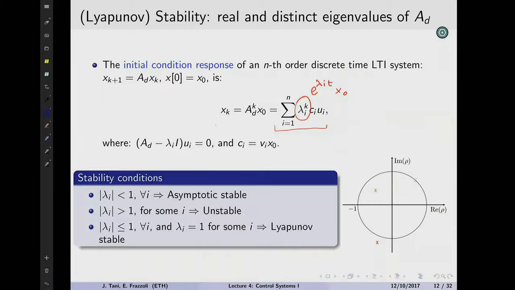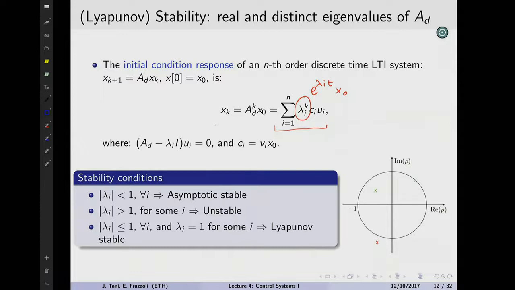So, as stability, which we understood is something very important to control systems, was described in continuous time through the eigenvalues of the A matrix, it is legitimate to ask ourselves, well, what happens if the A matrix now has been discretized first?